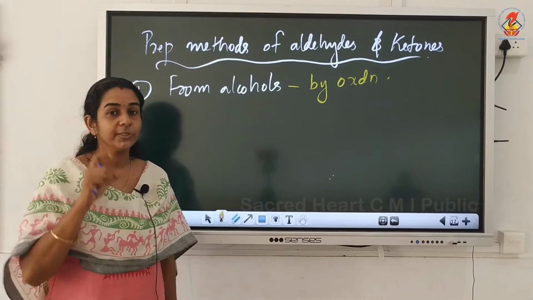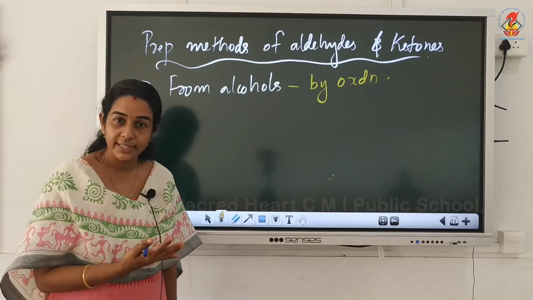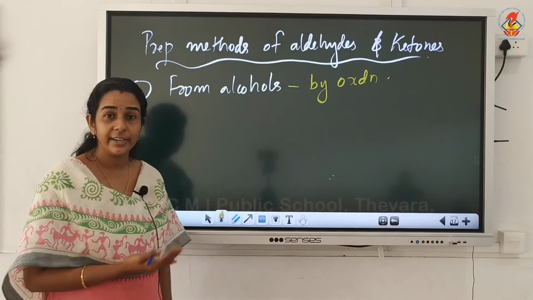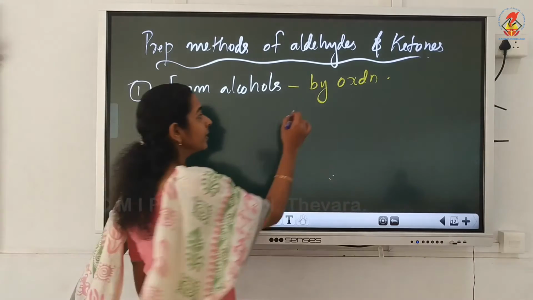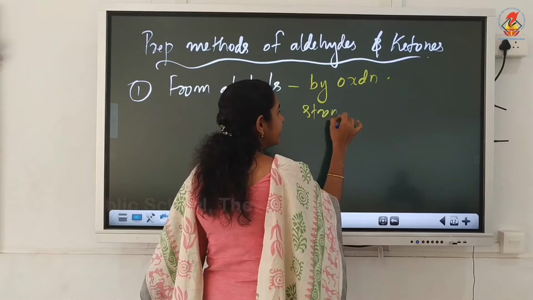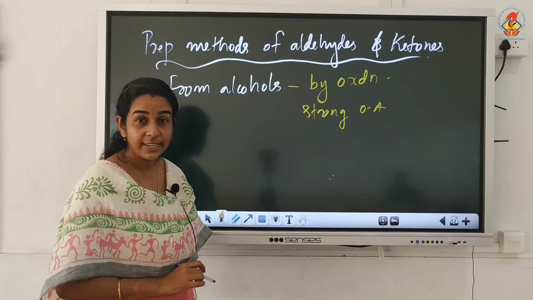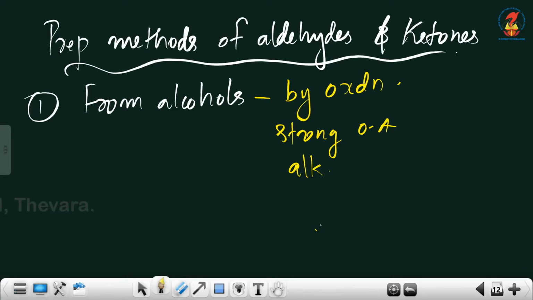There are two types of oxidizing agents, strong oxidizing agents and mild oxidizing agents, that we have already studied in the alcohol phenol chapter. So, which are the strong oxidizing agents we have? The two main strong oxidizing agents: alkaline KMnO4. How do we represent alkaline KMnO4? It can also be represented as KMnO4 with OH minus.